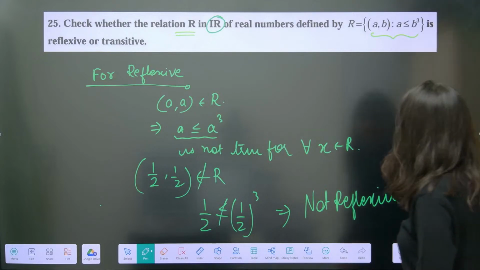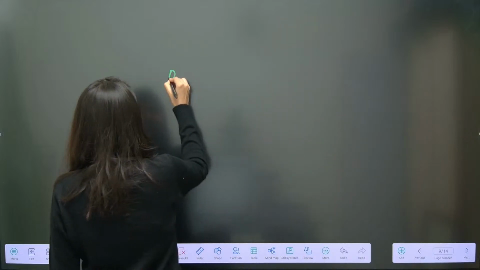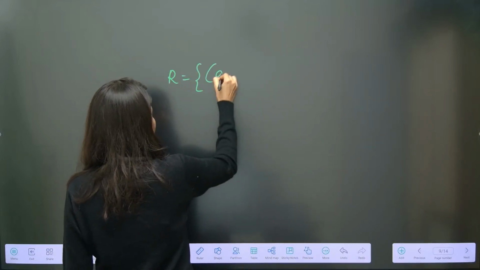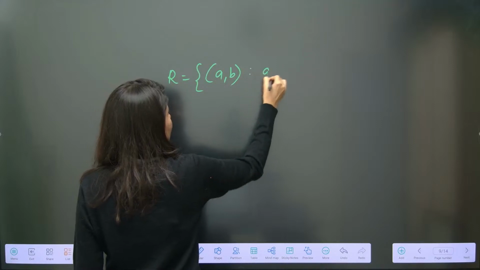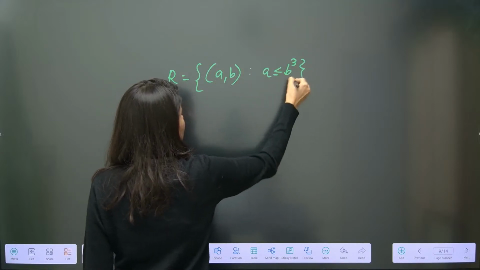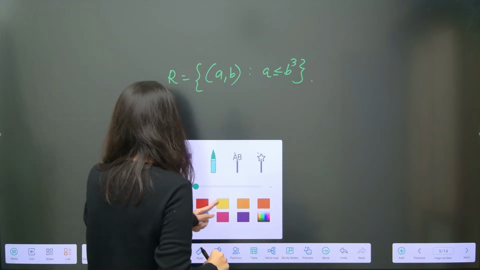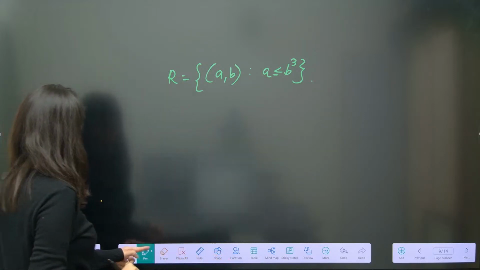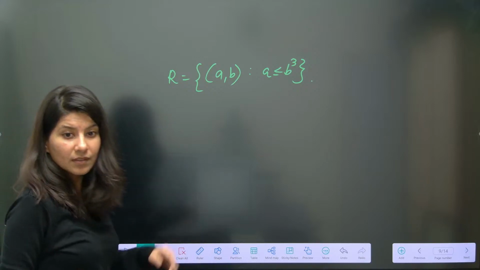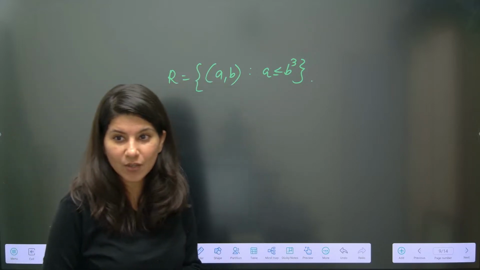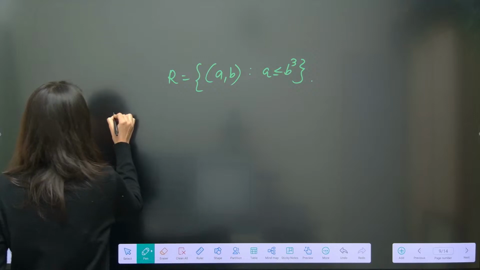Okay, now what about transitive? See, this is your relation R, which will have (a, b), and it should satisfy a less than or equal to b cube. Now we are looking for transitive.